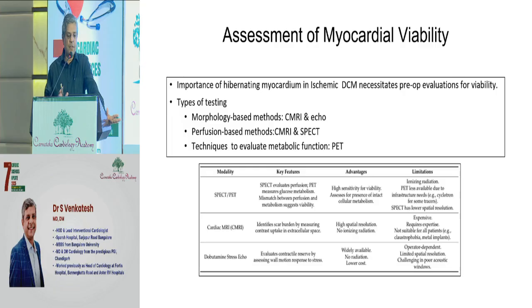Of these, the main ones are SPECT, PET, the radionuclide studies, cardiac MRI and dobutamine stress, and they have their own advantages and disadvantages. The first two are expensive. Dobutamine stress echo is inexpensive, accessible, but one should have a good machine, a good echocardiographer, and good analytical power to assess this. It's a little technically demanding test.